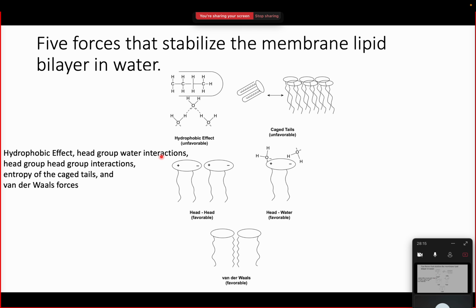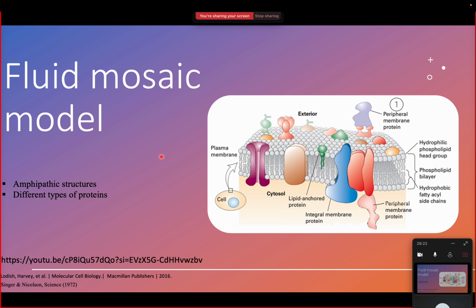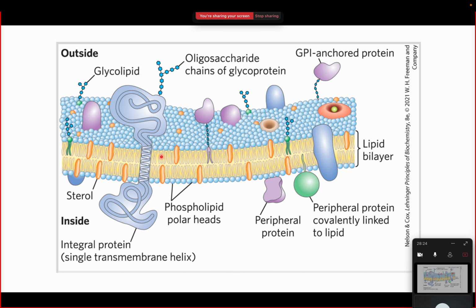Okay, now having this knowledge, this representation is more easily understood, correct? If we look at the basic cartoon representation of a membrane, which we have been following since our first lecture, you can see the head groups are closely packed together. Now why are they closely packed together? Because they are polar in nature, right? They love to be in water, and hence this is a favorable orientation.